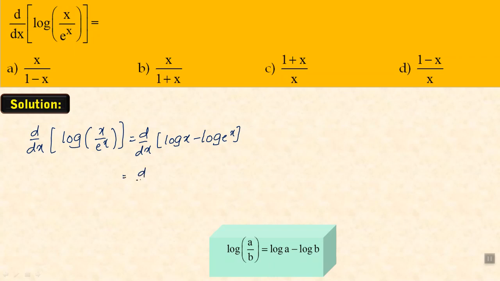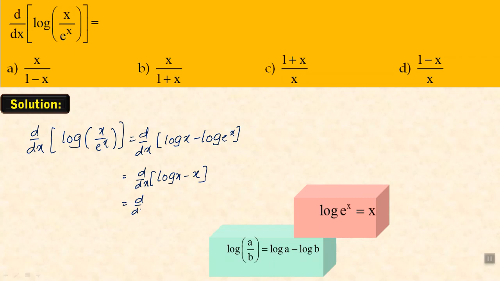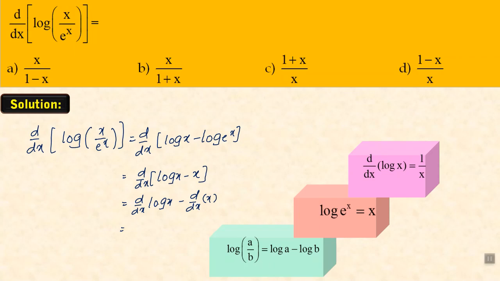This equals to d by dx of log x minus, we know that log of e power x is equals to x. Here x, this equals to d by dx of log x minus d by dx of x. We know that d by dx of log x is equals to 1 by x minus d by dx of x is equals to 1. This equals to 1 minus x divided by x. Therefore, the answer is option D.